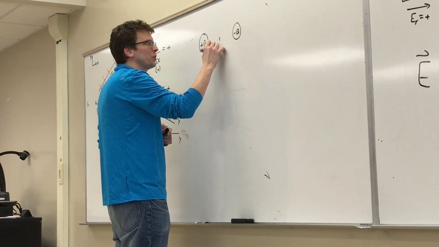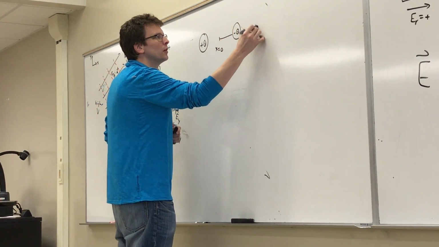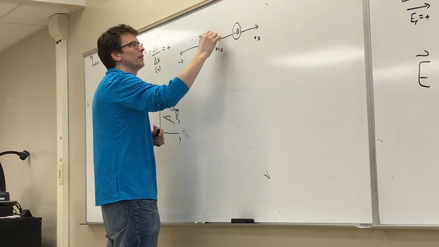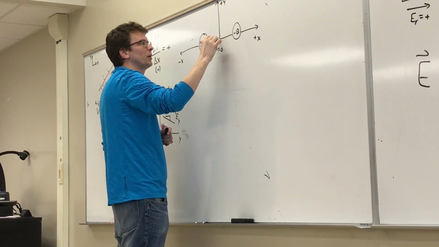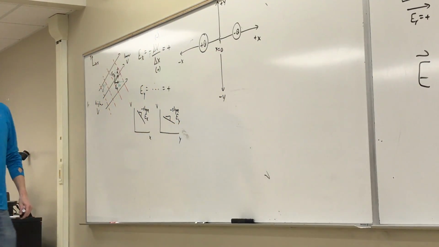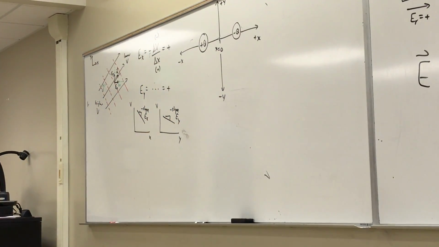And I had my origin here. And let's go ahead and imagine this in a two-dimensional plane, so I'm going to look on the y-axis as well. So let's take a look at what happens here.